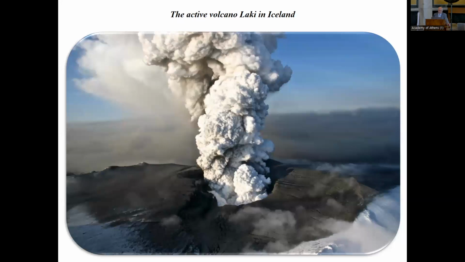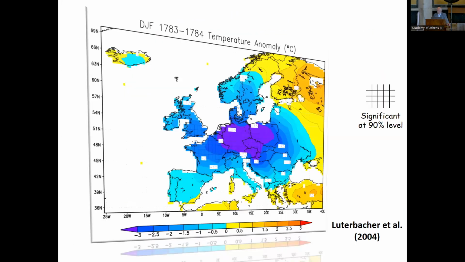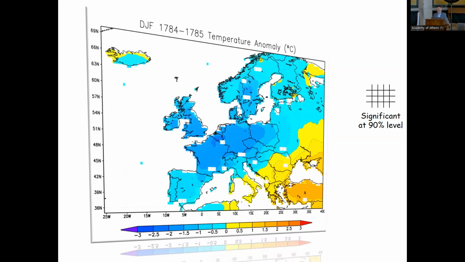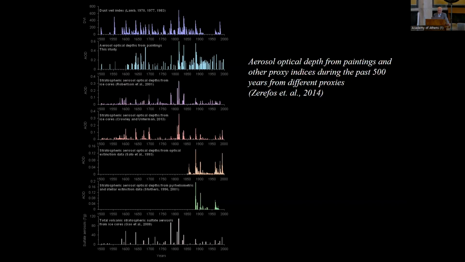Following the Laki eruption, Jürg Luterbacher and his colleagues have estimated the changes in temperature in Europe that followed that. And you can see that there was almost down to 2 degrees centigrade cooling in the years following the Laki eruption.